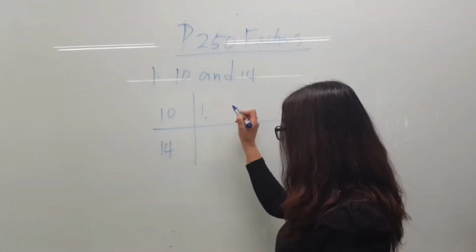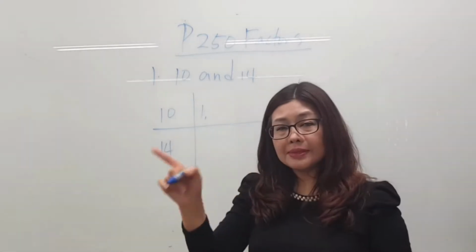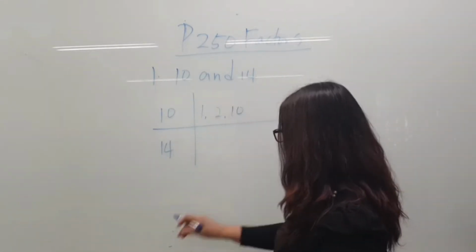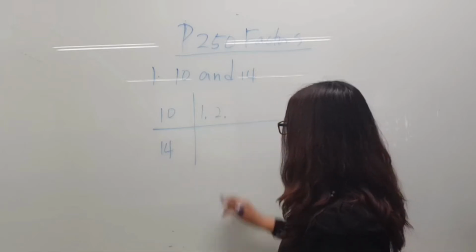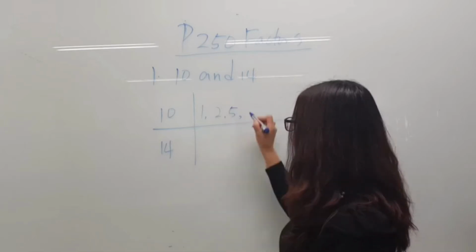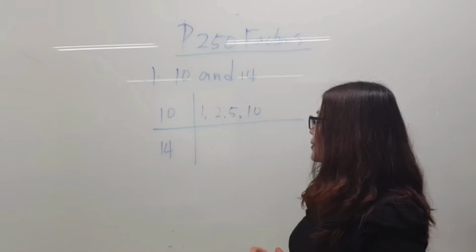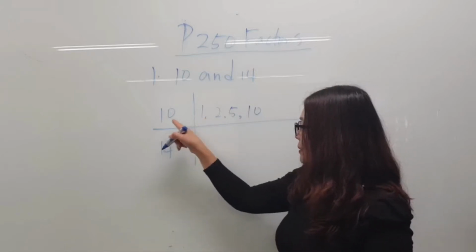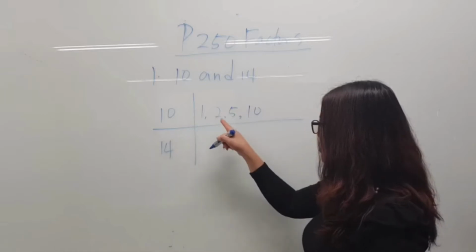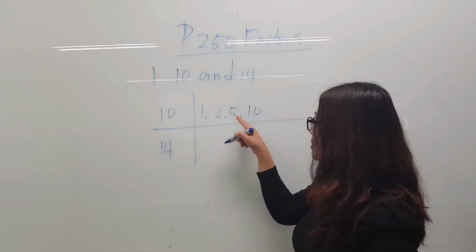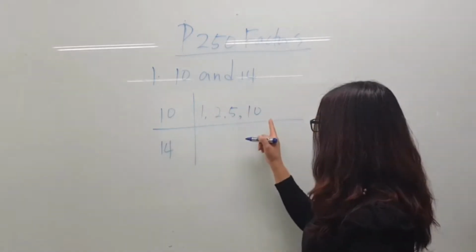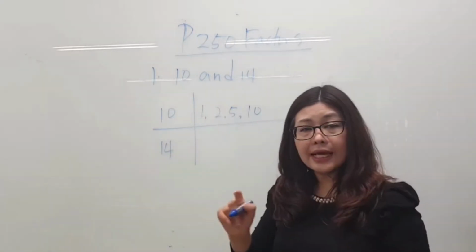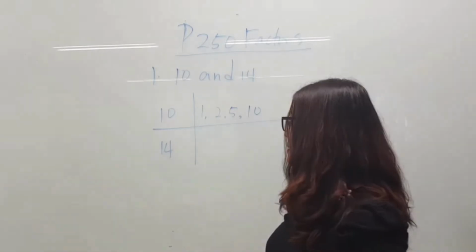Then 2 times 5 is 10, so you write 5 first and then 10. So 1 times 10 is 10, and 2 times 5 is 10. That is how to get the factors.